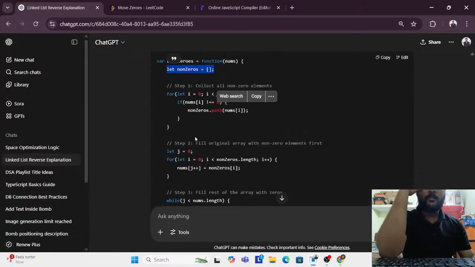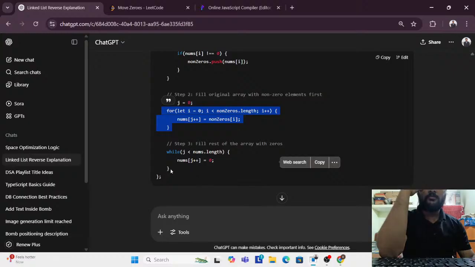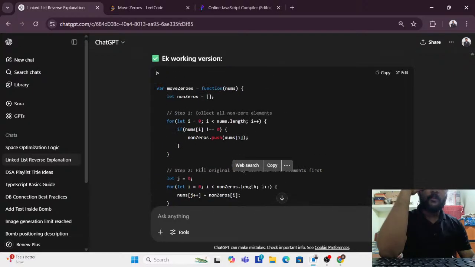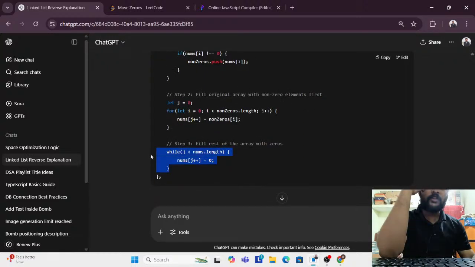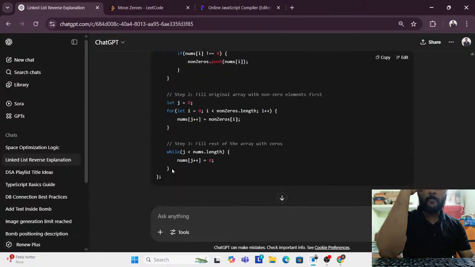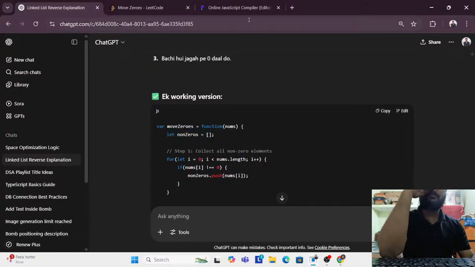It is also big O of n, but it is still taking extra time because of the extra loop, which means extra calculations. So this is the main reason. And there is one more reason: we are using extra space.